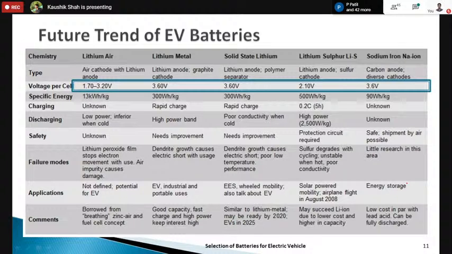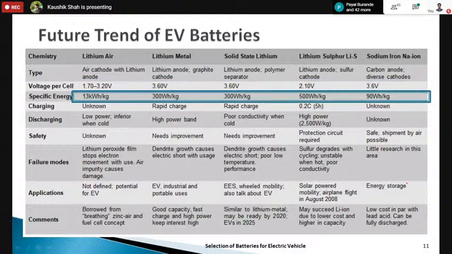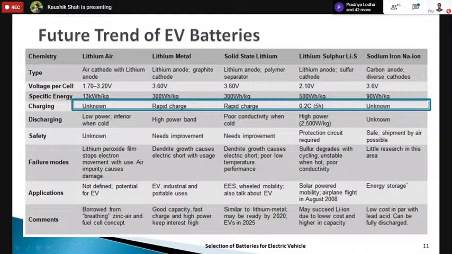So voltage ranges also vary. If you look back at the earlier selected chemistry versus this, there are variations. Specific energy density is the highest in lithium air. Of one, charging is unknown right now, which is what people are working on. But some of this stuff, like solid state, is very promising now. It's 300 watt hour per kg and going well.